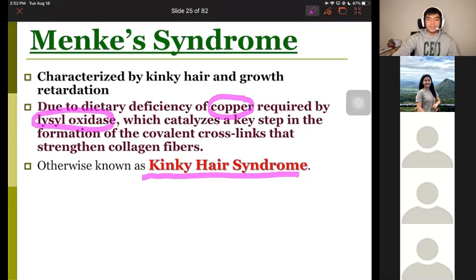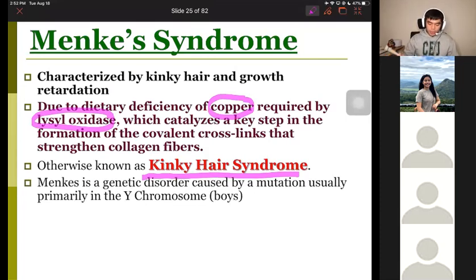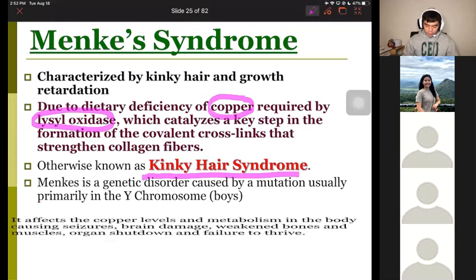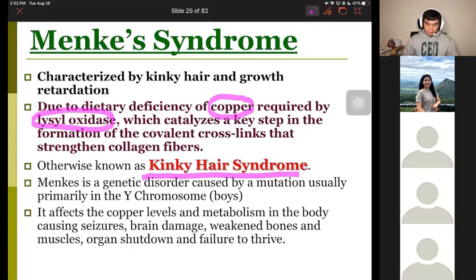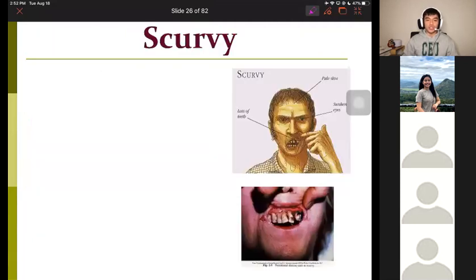Yes. So absence or deficiency of copper would affect oxidase's action, thus maapektuhan ang final cross-linking process. So in Menkes syndrome, this usually affects boys or males, and it affects copper levels and metabolism in the body, causing seizures, brain damage, weakened bones, and other related conditions.